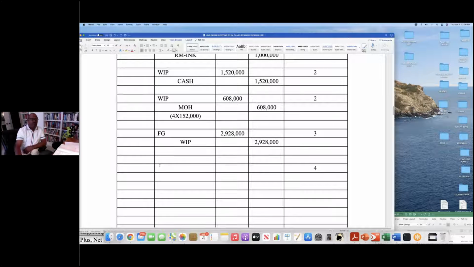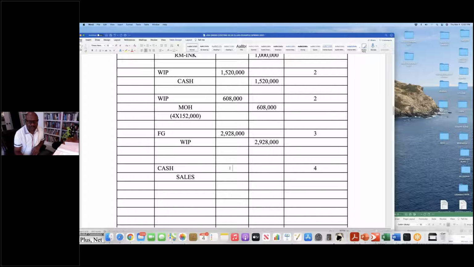So what we're doing in stage 4: you're going to debit cash for 6,120,000, and then credit sales for the same amount. So you said we're debiting cash and crediting sales for how much? 6,120,000. I actually had a question about that, Professor Boyd.